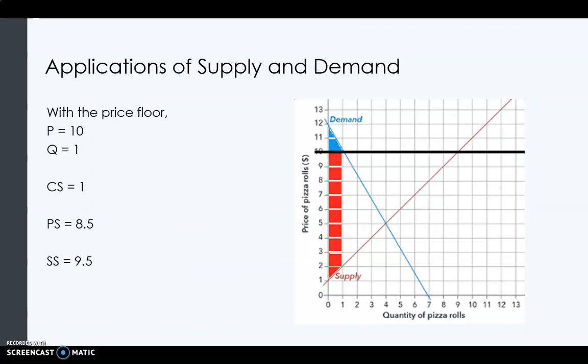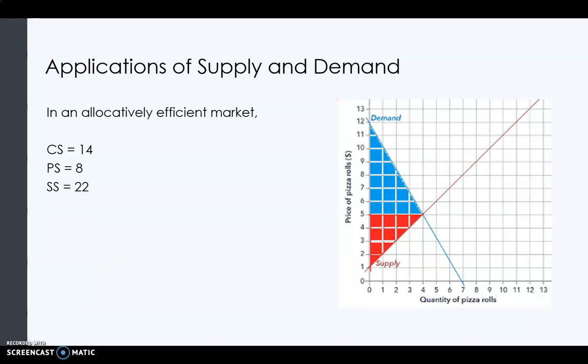Social surplus: take our 1 from consumer surplus plus our 8.5 from producer surplus, and we get social surplus of 9.5. That's our total area. As a reminder from the previous video, in an allocatively efficient market, we had social surplus of 22, but now it's 9.5.